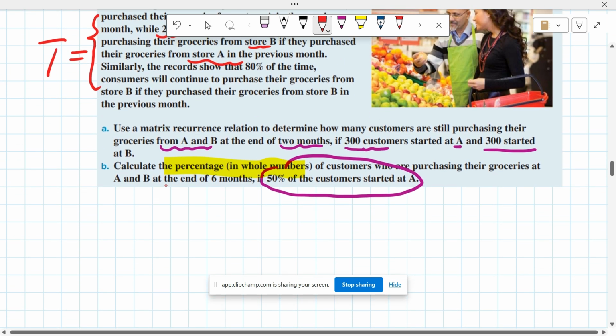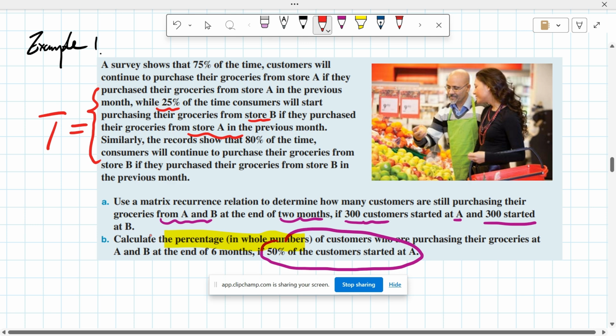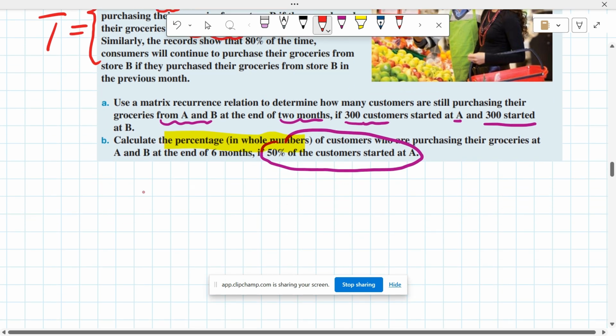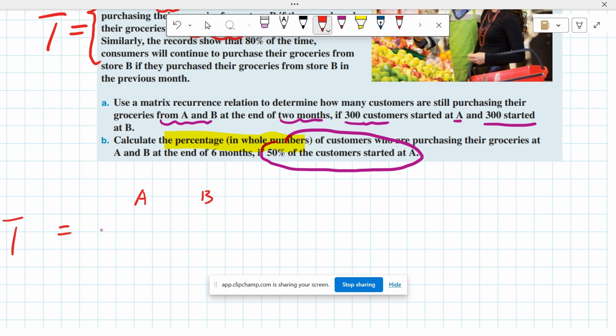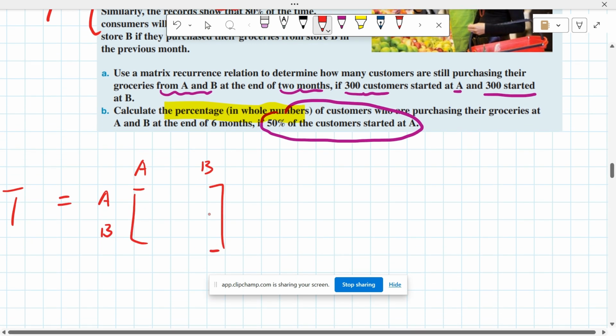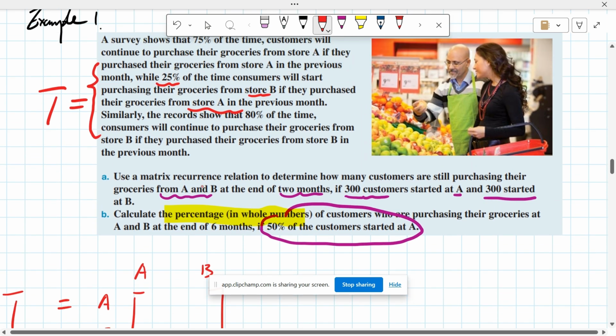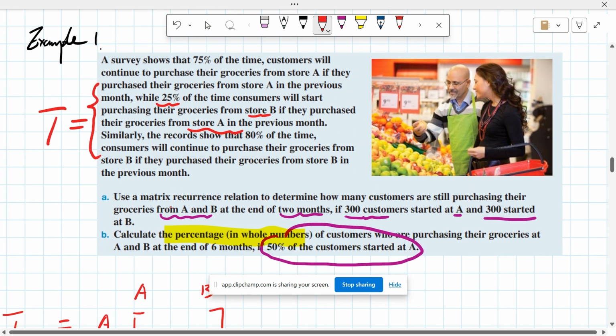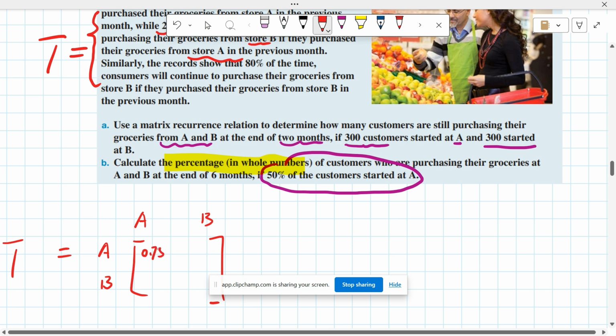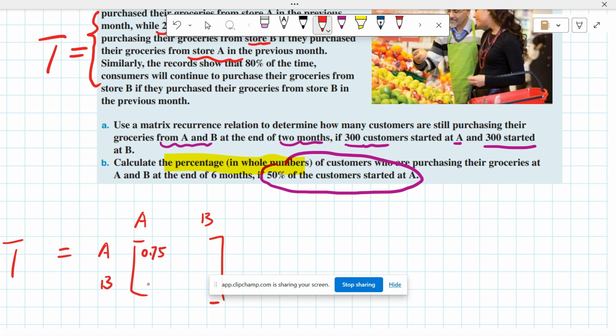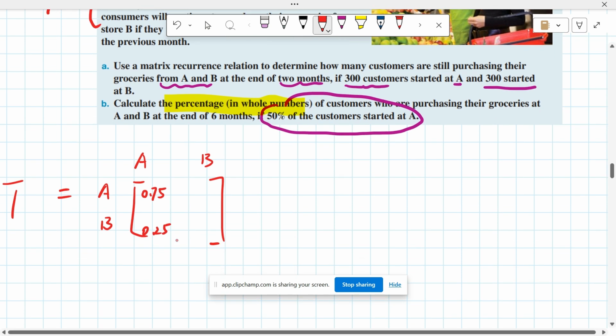So from A to A is 0.75. I don't have to write down from and to if you're getting used to it. This month and next month, so 0.25 will be from A to B.